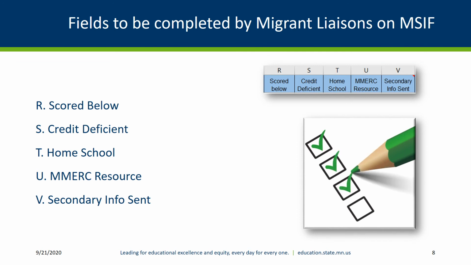We have MERC resources, if educational resources from the Midwest Migrant Education Resource Center were used for the student, and we have secondary info sent. If the school has emailed or scanned any secondary transcripts or courses to date, information to Tri-Valley Opportunity Council staff.